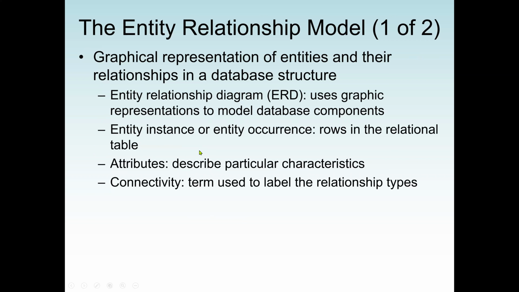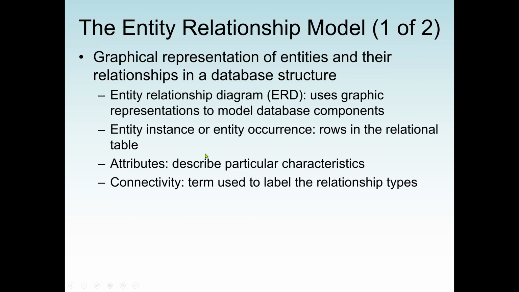An entity instance or entity occurrence will be a row in a relational table. A row in a relational table will be one record. A relational table consists of rows and columns.